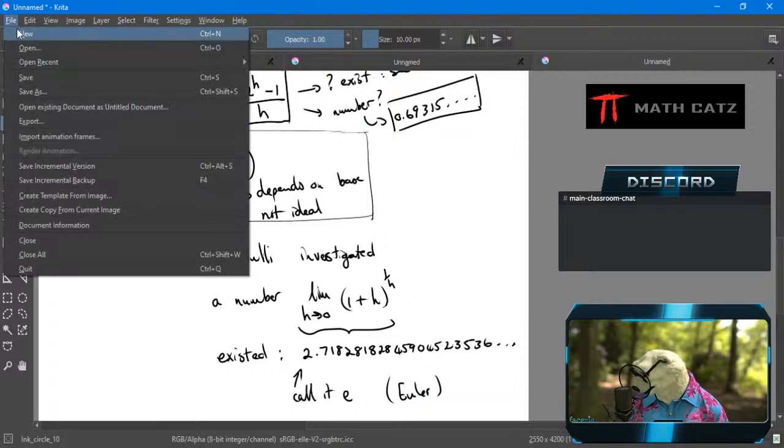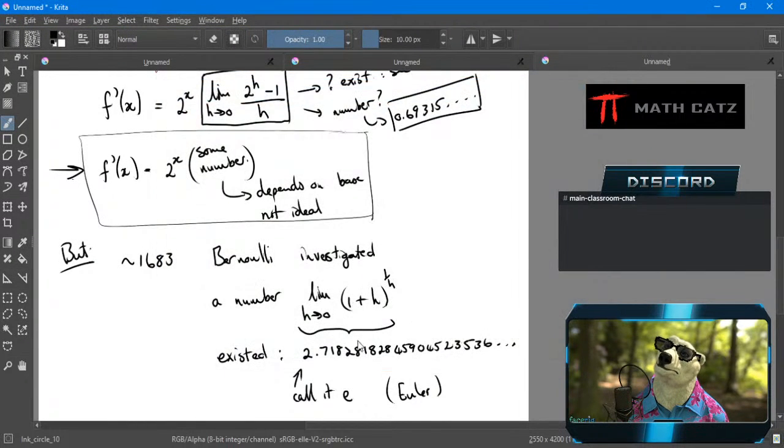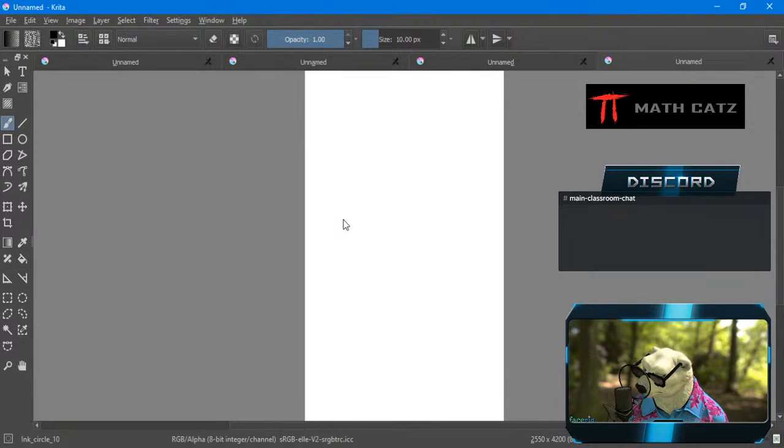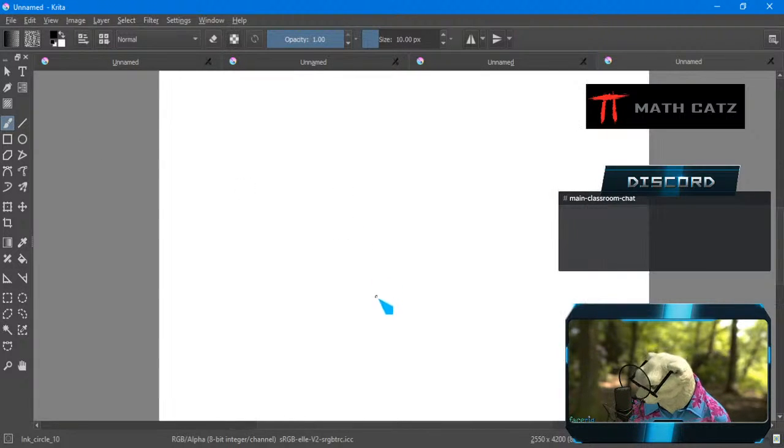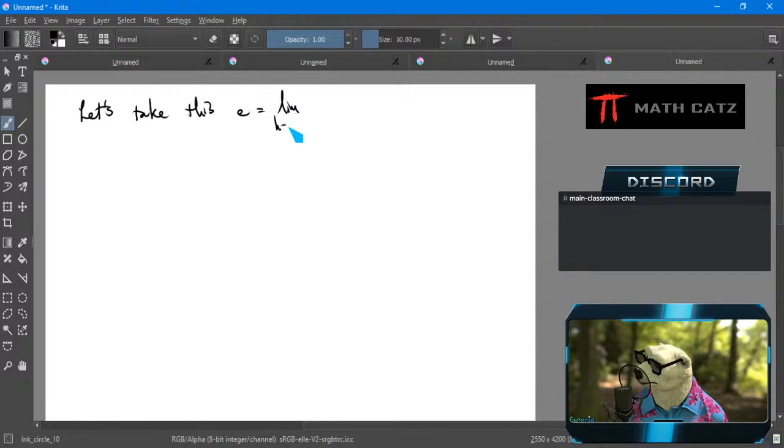Let me just make a new page. He said, let's take this number as the base and see what happens. As weird as that number is, he took this e, which is the limit as h approaches 0 of (1 plus h) to the power of 1 over h.